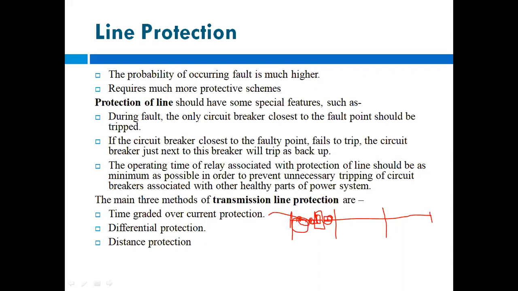After this one, the second circuit breaker should operate to disconnect the faulty section, and it will trip as a backup. Backup means if one fails to operate, another will operate immediately. For this operation, we have seen the time graded protection.